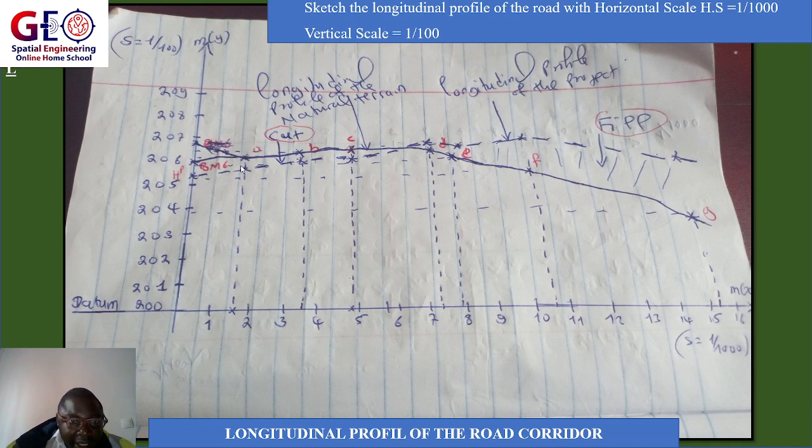Then here, this is the profile of the natural ground which lies above the project profile. So if we want to realize this project here, of course, we are going to cut to reach the project profile. Okay, thank you very much. Hope you grab the concept.